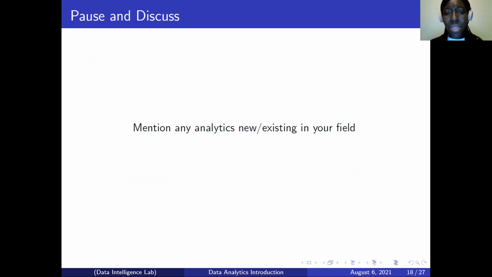So we have seen interesting new ways of unstructured data in various fields. I would like us again to look at our fields, think of unstructured data that could exist in your field, and let's look at how you think analytics can be applied to it.